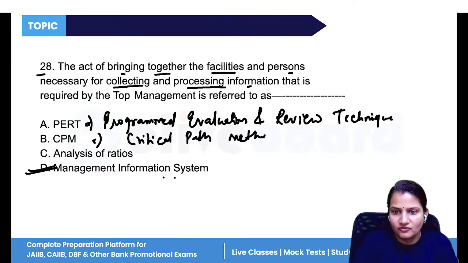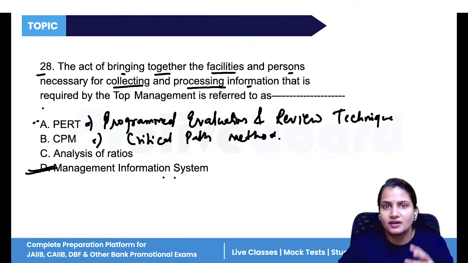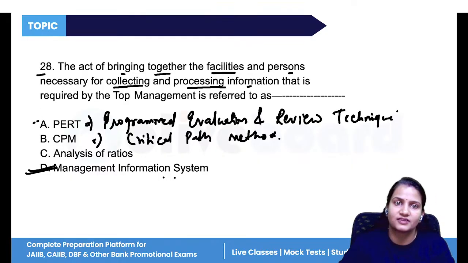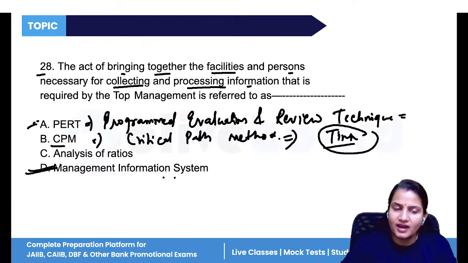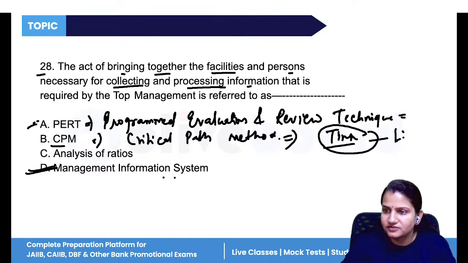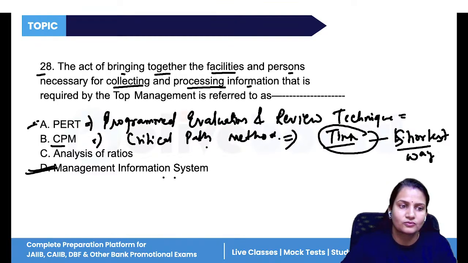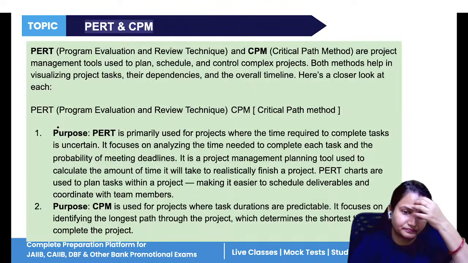Program Evaluation Review Technique is used when you don't know exactly how much time it will take to complete any task or work. And Critical Path Method is used when you know the exact time, and within that time you are finding the shortest way to complete your task. That is used for CPM.